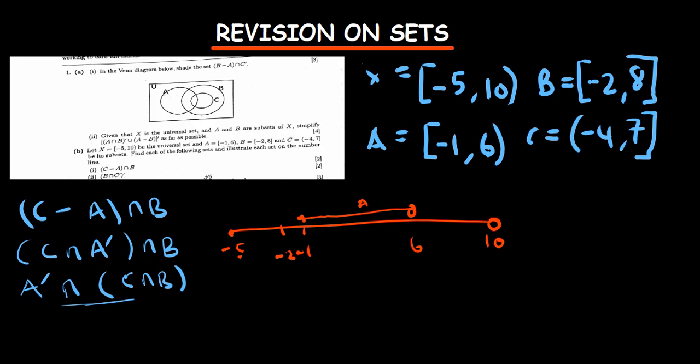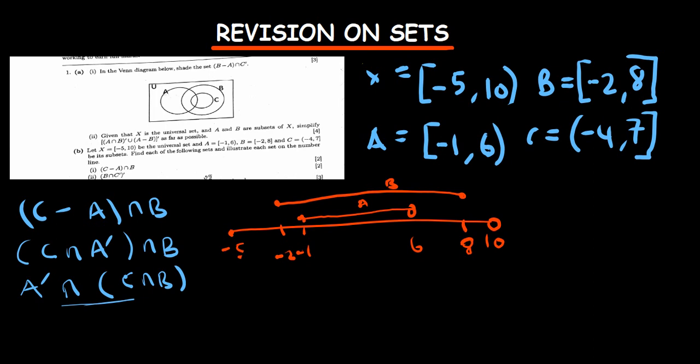Let's say 8 is here. So from negative 2 to 8, that is B, closed on both ends.